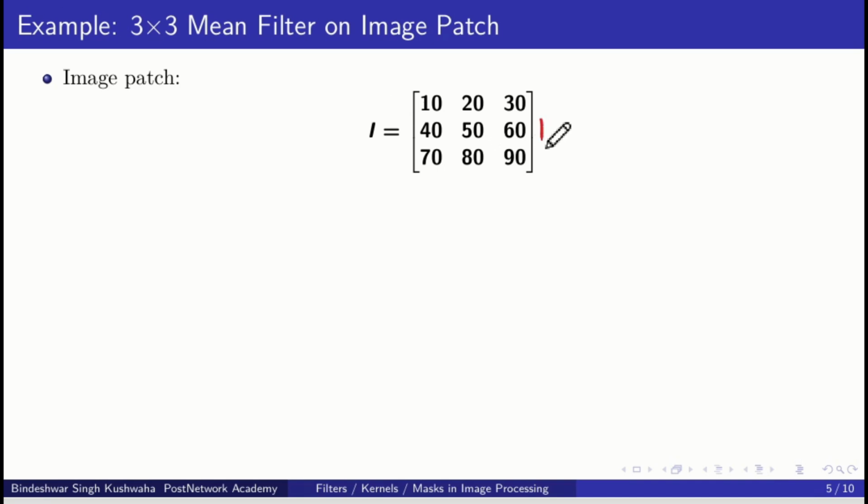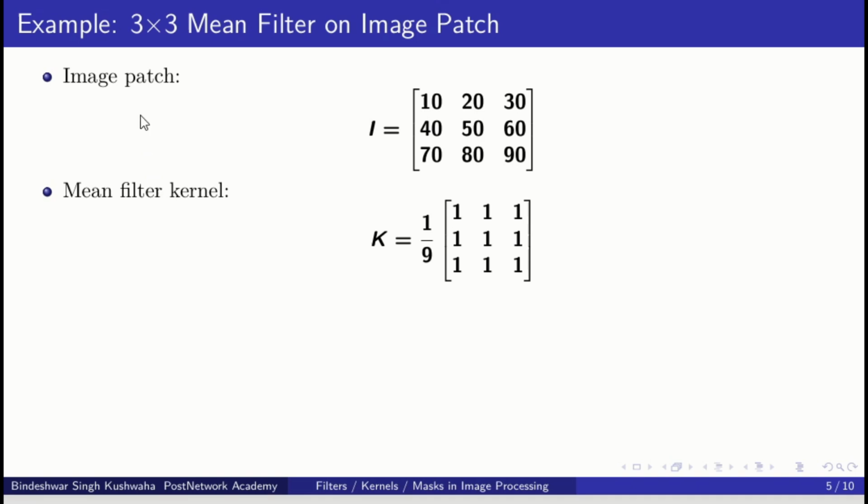For the sake of simplicity, I have taken a very small image patch, 3x3, and the filter is also 3x3. I have taken the mean filter, which is the simplest one. It will just take the mean of all pixel values. Since it is 3x3, the number of pixels is 9. If you take a 4x4 kernel, it would be divided by 16, not 9.